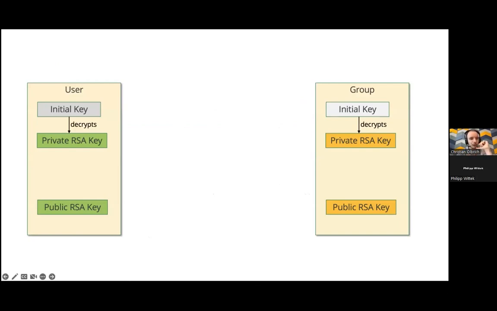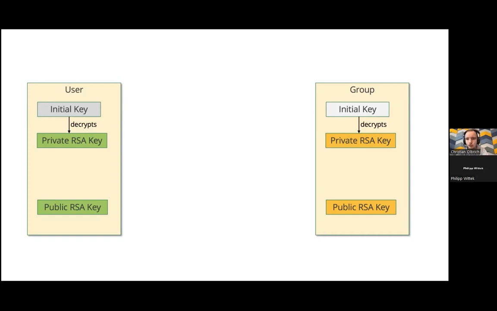How do the objects of users and groups and the relationship actually look? We've got users, we've got the all-important private RSA key, and obviously its public key counterpart. And this private RSA key is encrypted on the user side with his initial key. The group is very similar.